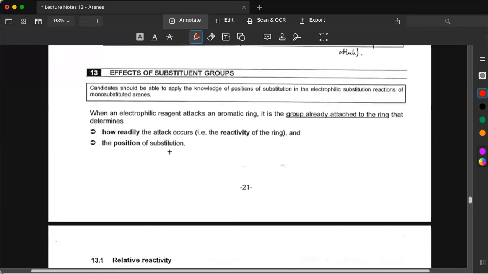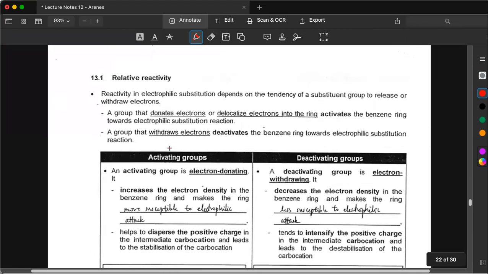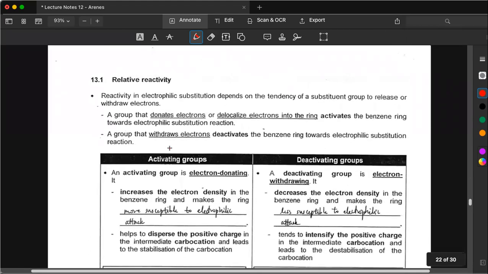Now, when the electrophilic reagent attacks the aromatic ring, it is the group already attached to the ring that determines how readily the attack occurs and the position of substitution. Reactivity in electrophilic substitution depends on the tendency of the substituent group to release or withdraw electrons.